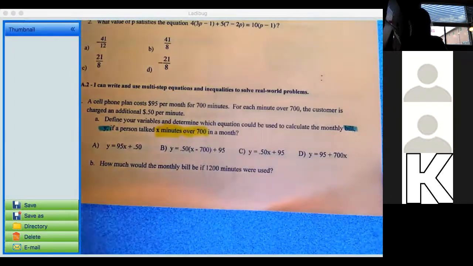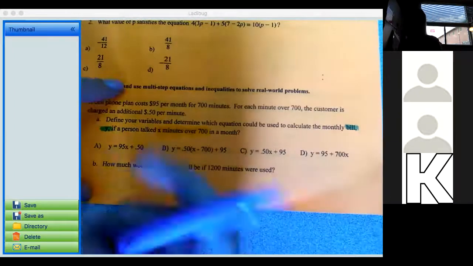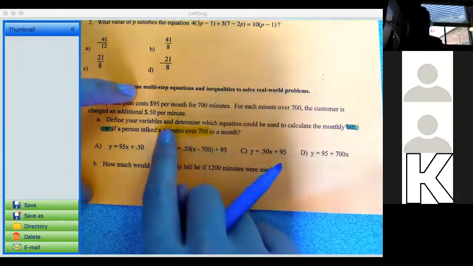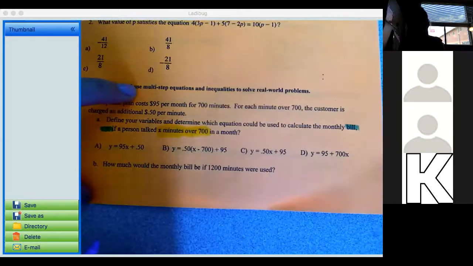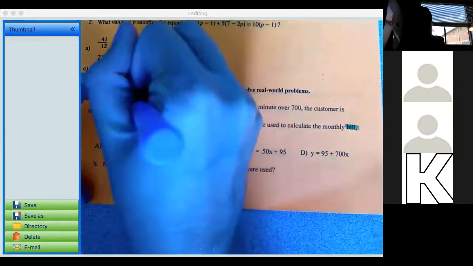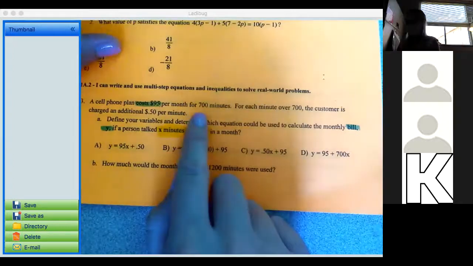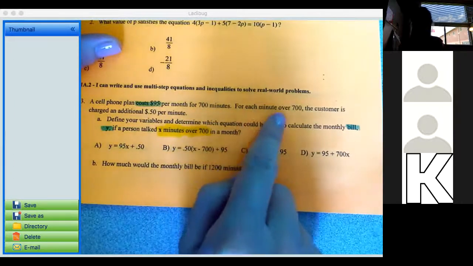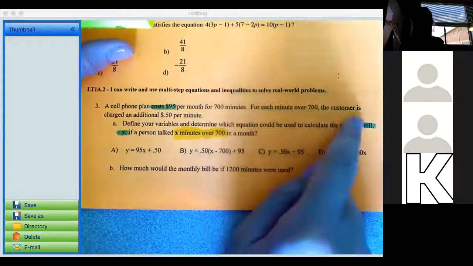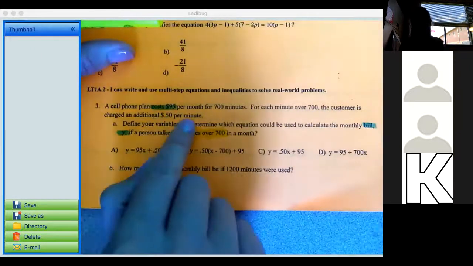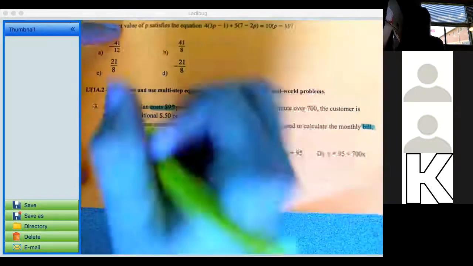So let's go read our problem. A cell phone plan costs. It says costs, so that's talking about the bill or the minutes? The bill. So this 95 has to do with the bill for 700 minutes. Then it says for each minute over 700, the customer is charged an additional 50 cents per minute. This is talking about the minutes. So I'm going to highlight this yellow.